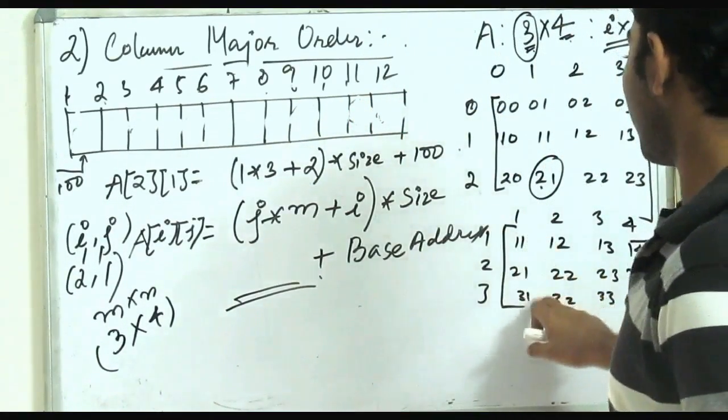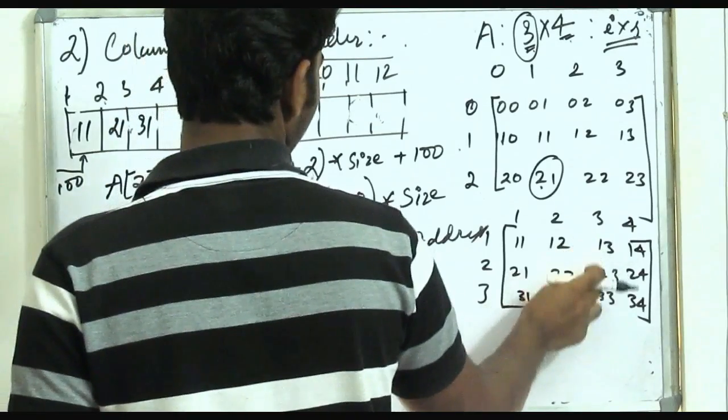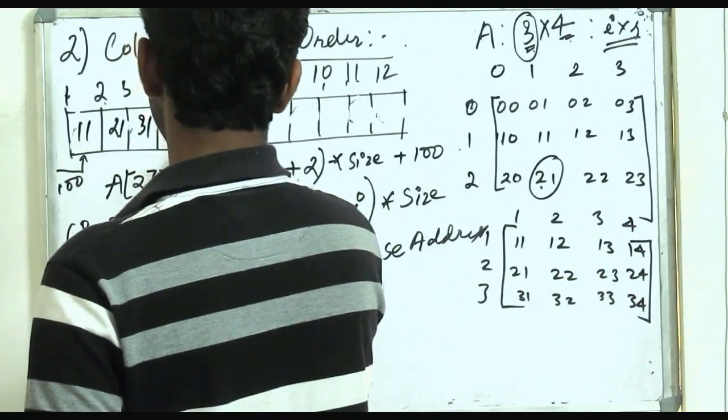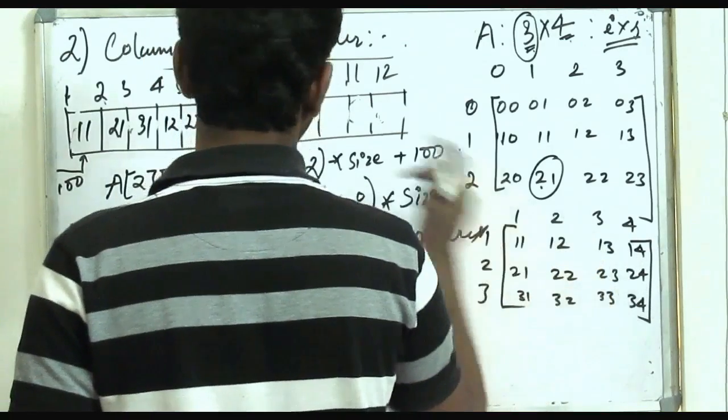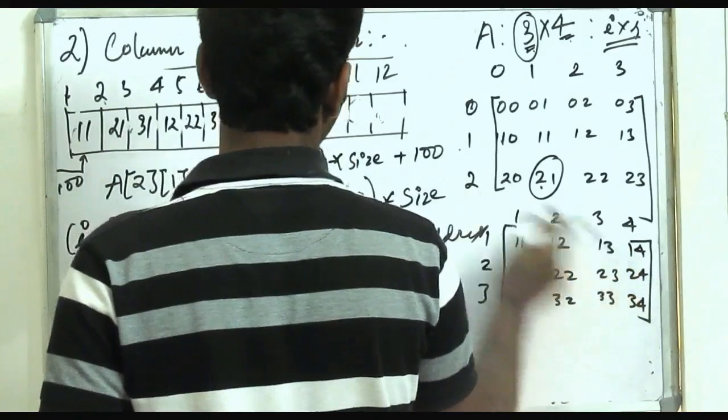The elements will be 1 1, 2 1, 3 1, 1 2, 2 2, 3 2, 1 3, 2 3 and 3 3, 1 4, 2 4 and 3 4.